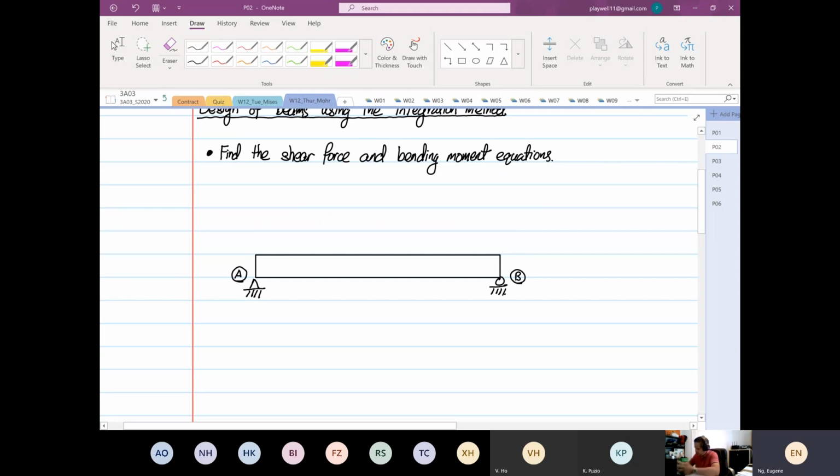Now our structure is no more uniformly distributed, or gradient distributed anymore. Now our structure has a distribution that looks like this. This is the sort of distribution that we have. Then we have our load.